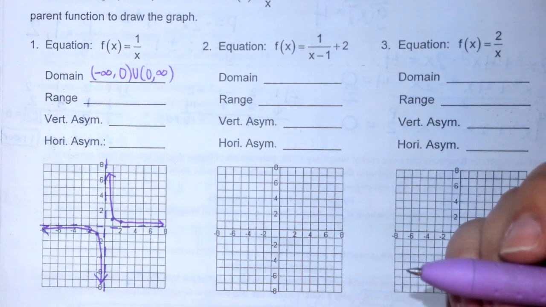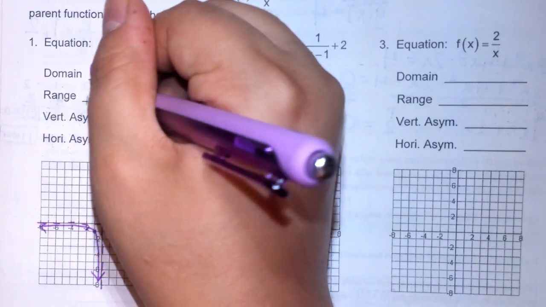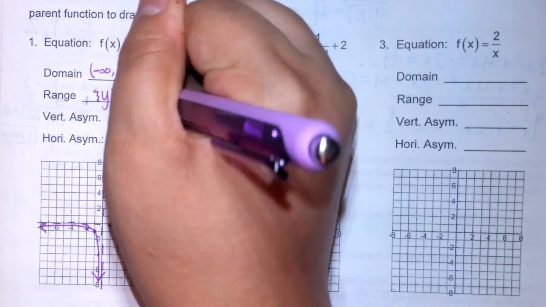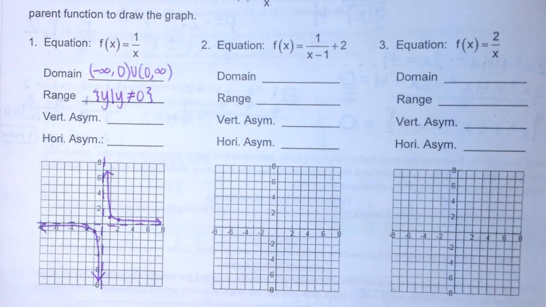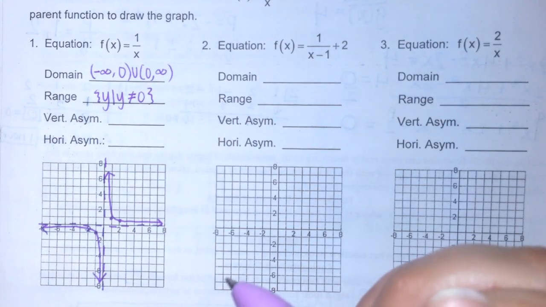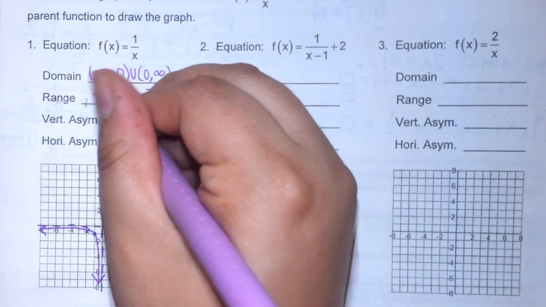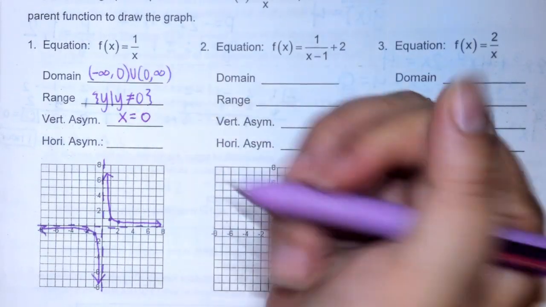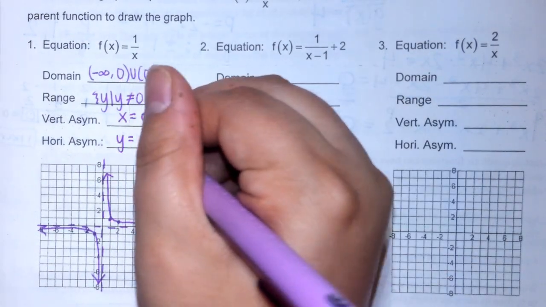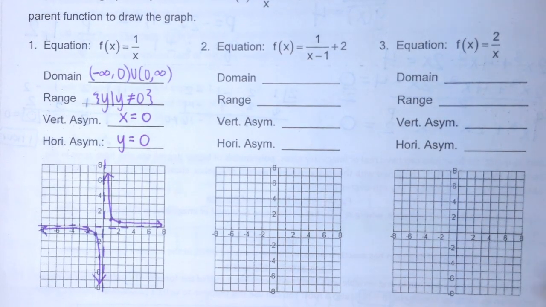So you can either do the same thing, or you can do y such that y does not equal 0. Either way you can write it. What is your vertical asymptote? X equals 0. Your horizontal asymptote is at y equals 0. What questions do I have?